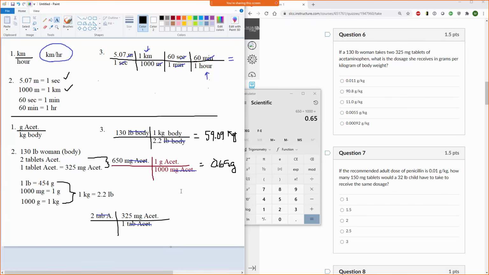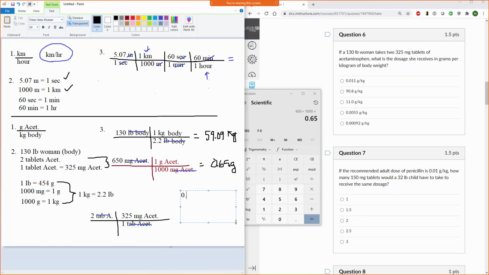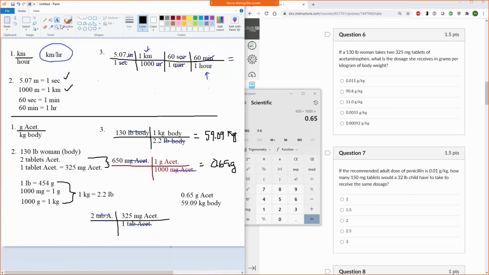So now I'm going to assemble it thusly. 0.65 grams acetaminophen divided by 59.09 kilograms body. And divide one by the other to get my answer. Now this is a little bit more roundabout than I would have done it, but it is not wrong.